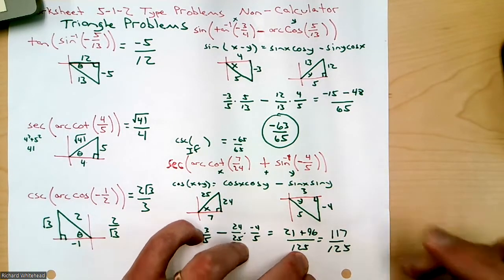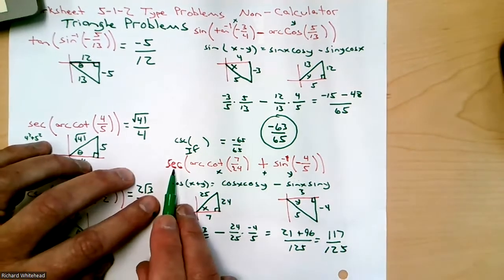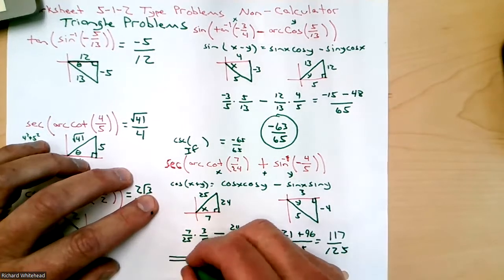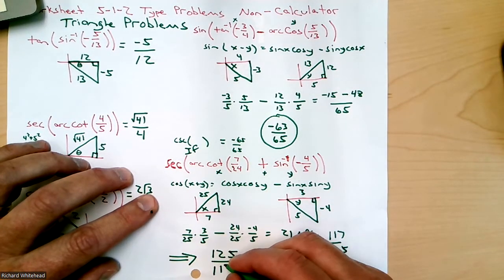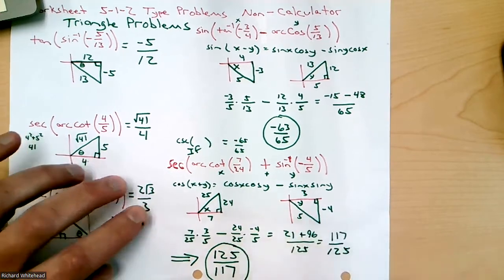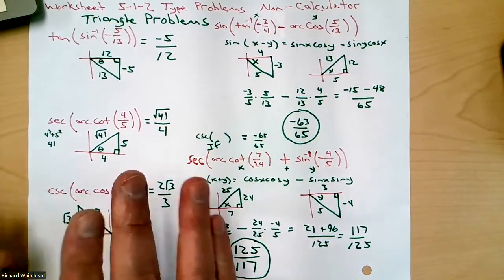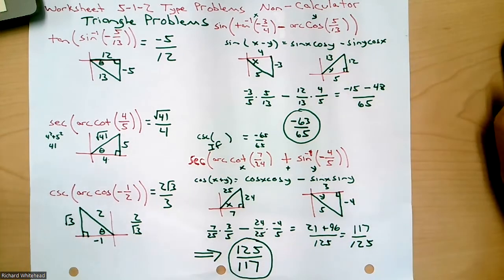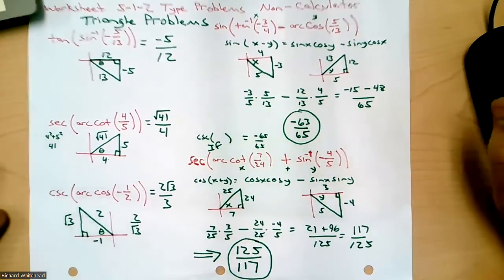Yay, 117/125. I hope that's right, because we all make mistakes with our arithmetic. Okay, yay, I'm finished. Uh-oh, no, this was actually a secant problem, so you have to flip it over at the end of the problem. Anyway, these are what the problems on worksheet 512 look like. A little bit more complicated, and definitely a lot more labor intensive because you have to draw triangles on all of these.